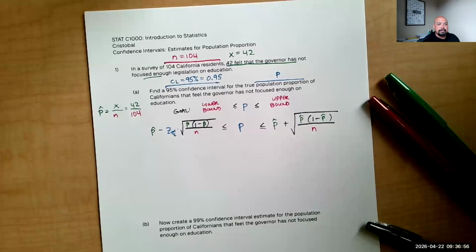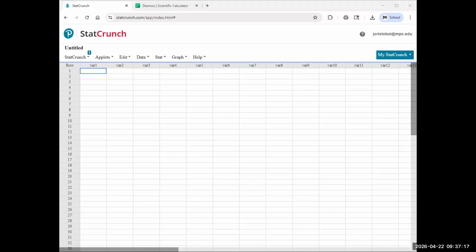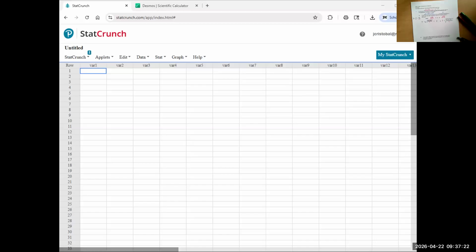We should see my StatCrunch window. Sharing, sorry about that, folks. Let me switch this one so you're not looking at my face, but you can see the paper. There we go. Now we should see both the paper as well as our StatCrunch screen.